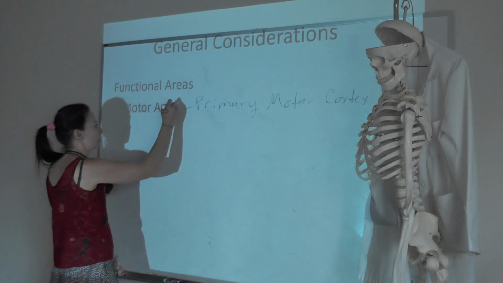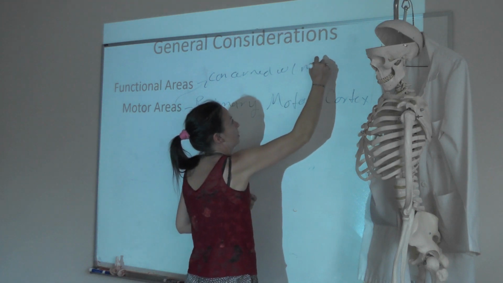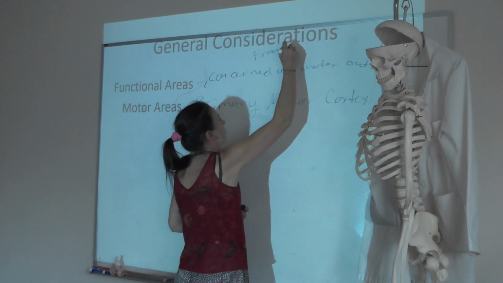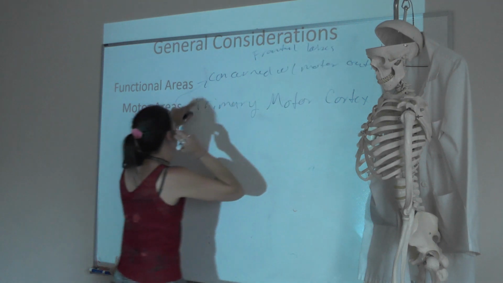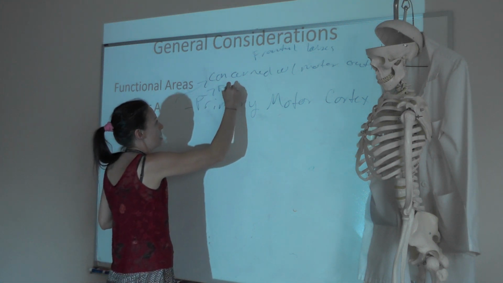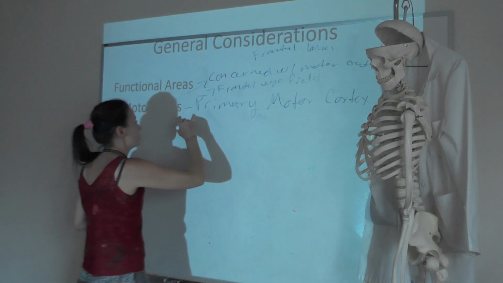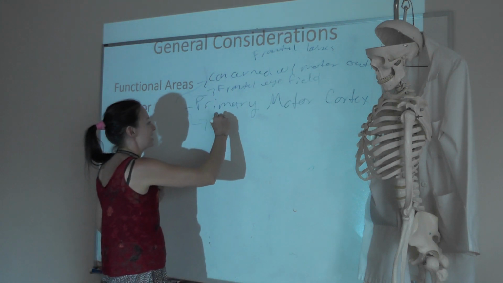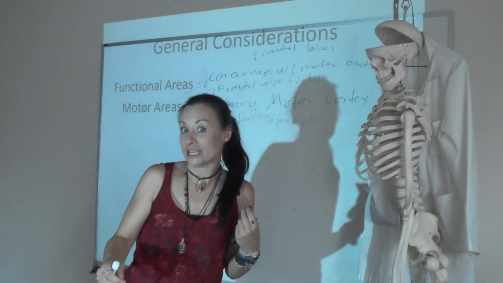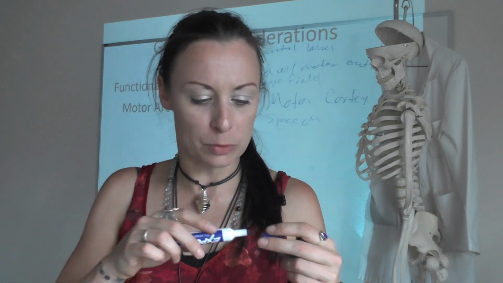So motor areas are concerned with motor output. They're in the frontal lobes. Your motor speech area tends to be in your left frontal lobe. We also have the frontal eye field. You don't really have to think about the movement of your eyes. It's very important to see, as we just discussed with the relative proportion of your brain that visual processing gets.